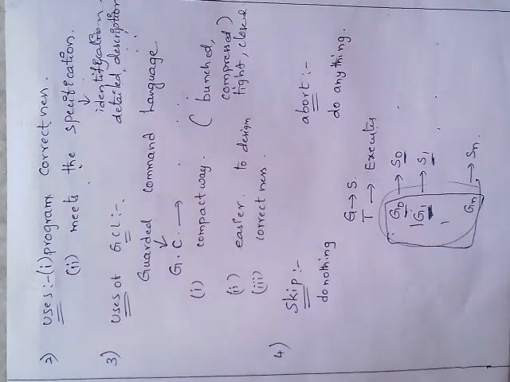It is also very easy using higher logic, which was also discussed in the 4th unit, I think. These are the main usages of the guarded command and guarded command language.